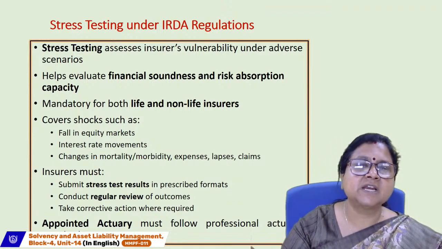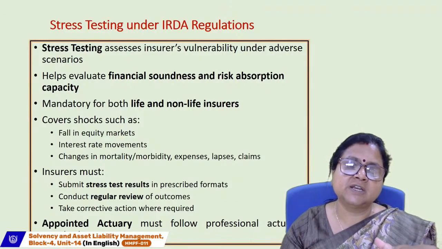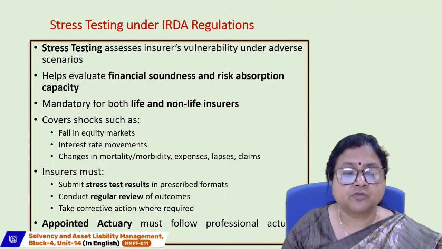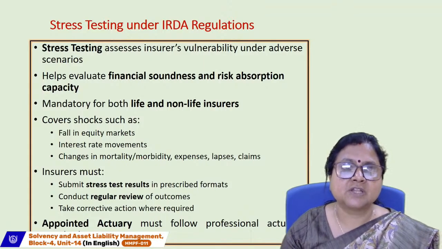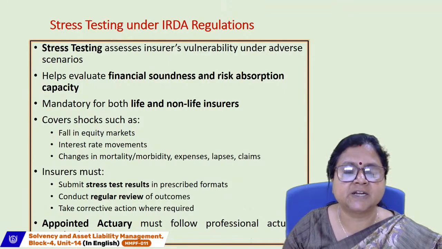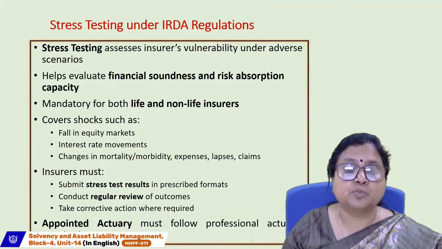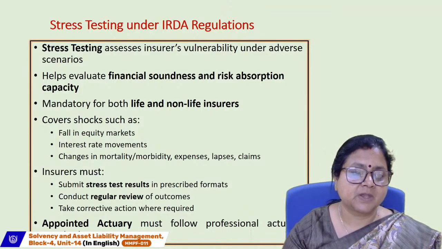When claims increase, obviously there will be a huge gap between your predicted claims and the increased claims. So the company has to have that much margin, so that if there is a gap between the actual and the predicted, they will be able to pay those claims which have arisen.